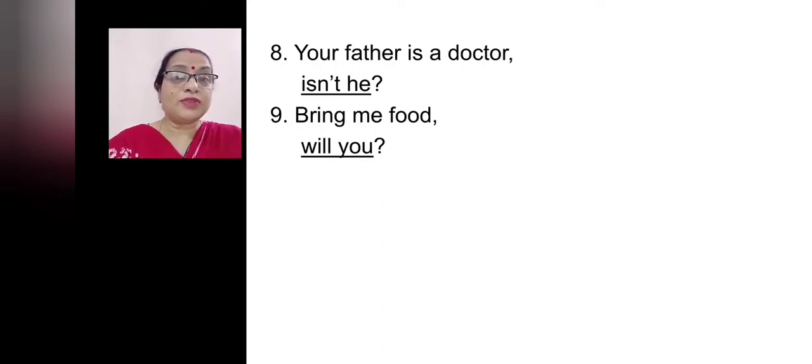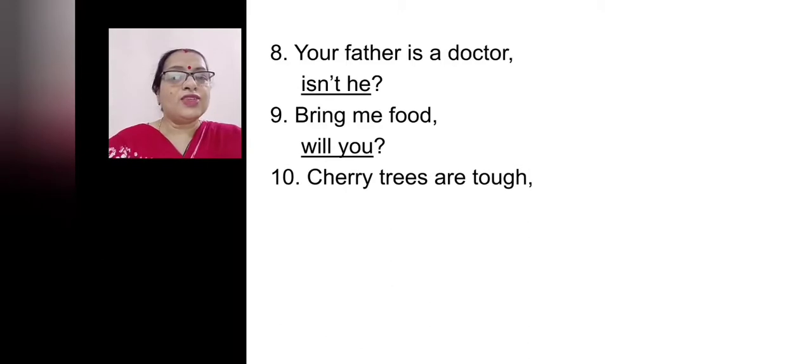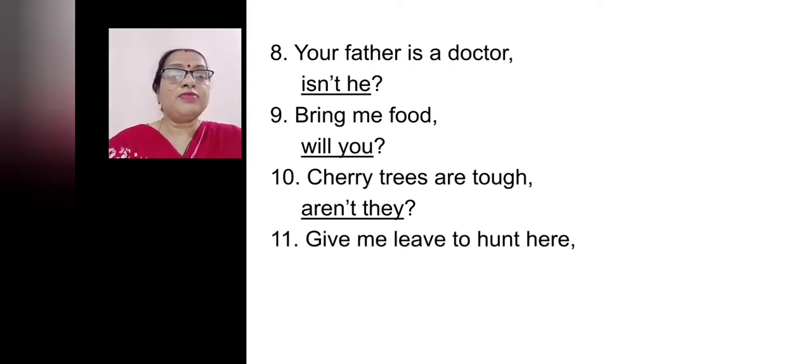Okay. These are exceptional sentences. Then, cherry trees are tough. Aren't they? Are is given. So, aren't they? Give me leave to hunt here. Will you? Again, an exceptional type of sentence.